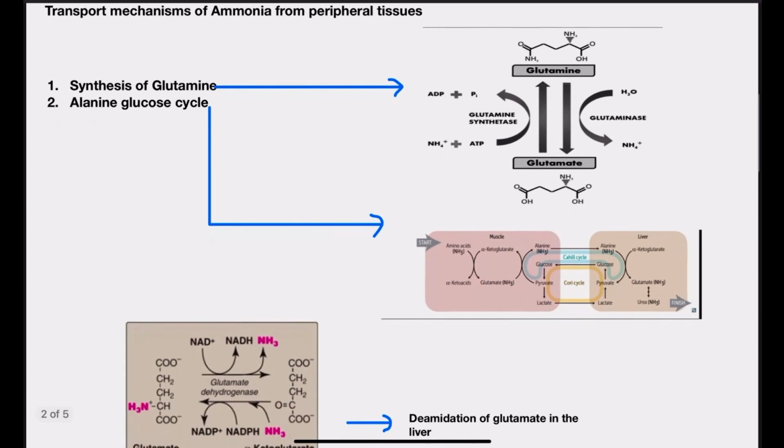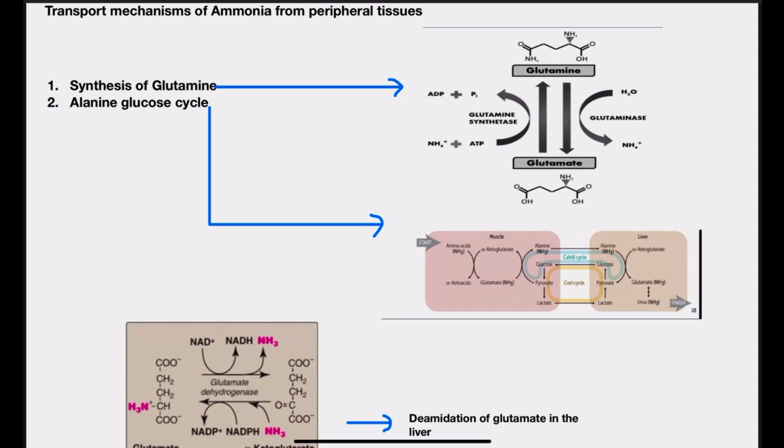And then we have the alanine glucose cycle. So we have glucose right here in the muscle. We form pyruvate through glycolysis. This pyruvate and glutamate right here, we can have a transamination reaction by the enzyme ALT. We form alpha ketoglutarate and alanine. This alanine then crosses and goes where? To the liver.